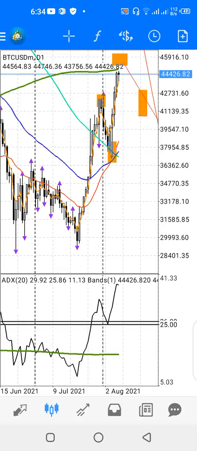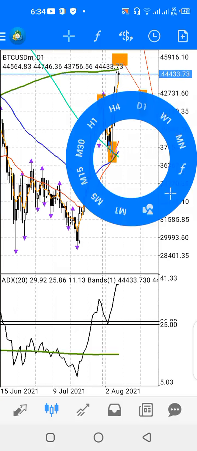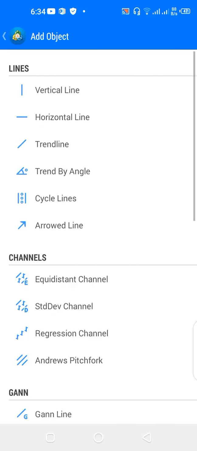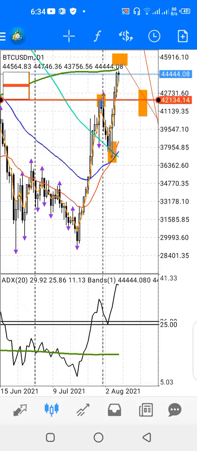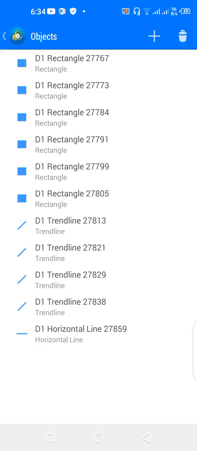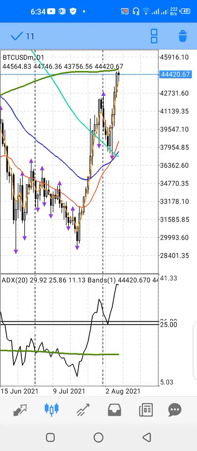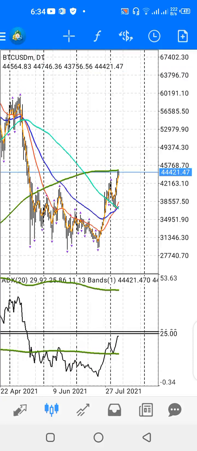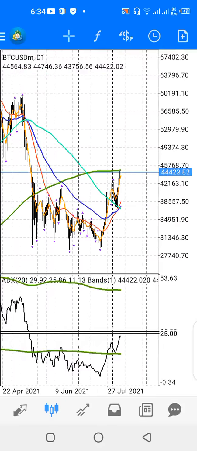The reason why the bulls are in control is because price broke this high to form a higher high. Okay, but that's not the essence. That's not the reason for this video. The reason for this video is to know how to use the indicators to find good trades.